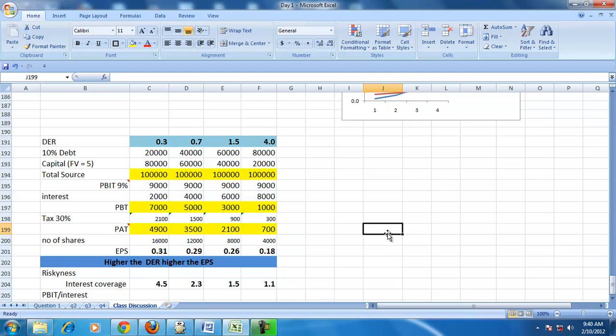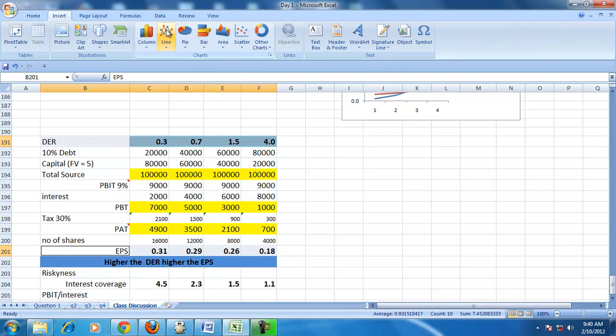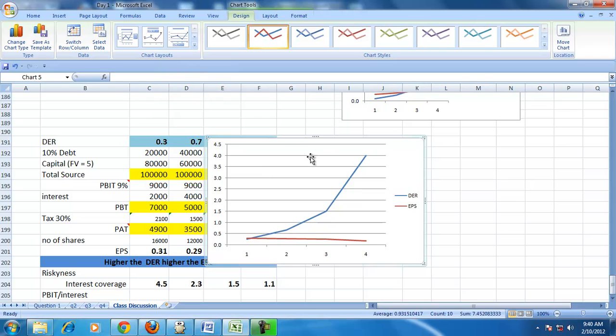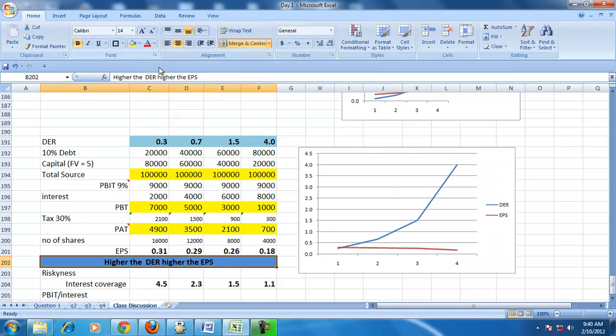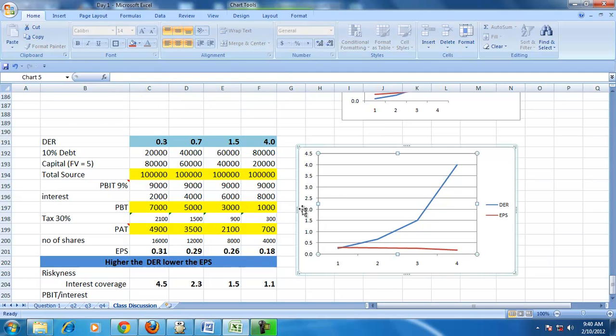Now you can observe that the EPS is slowly reducing with the increase in the debt equity ratio. Unlike the previous case where the higher the debt equity ratio, the higher the EPS, here the higher the DER, the lower is the EPS. So don't come to a conclusion that a high DER is good or bad.